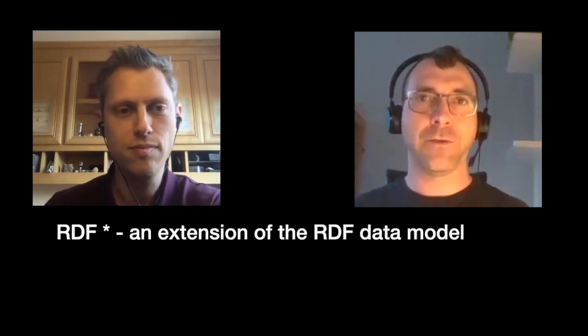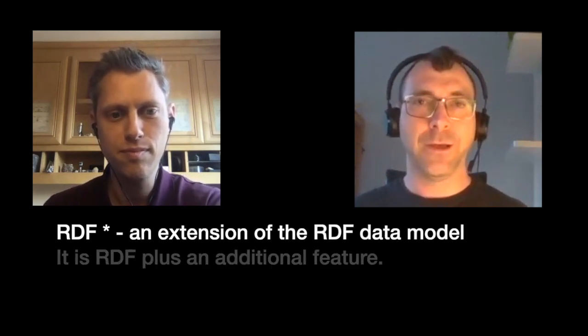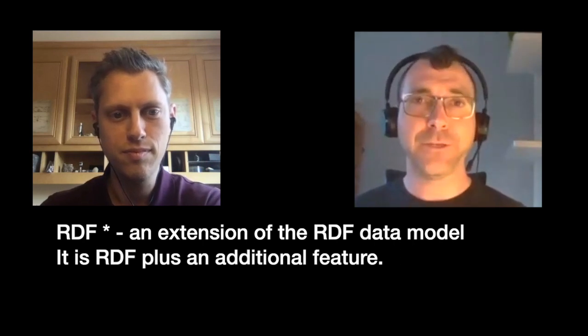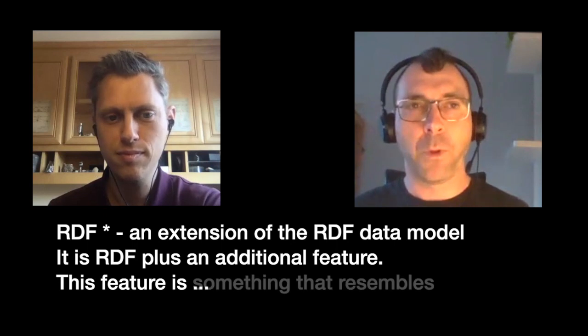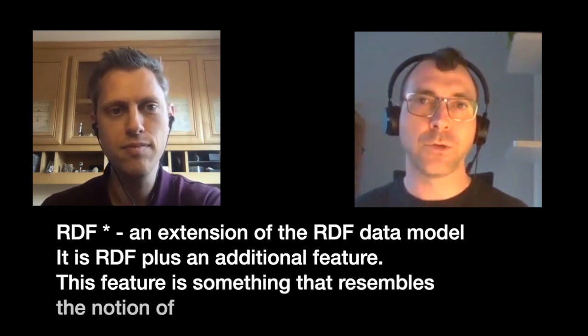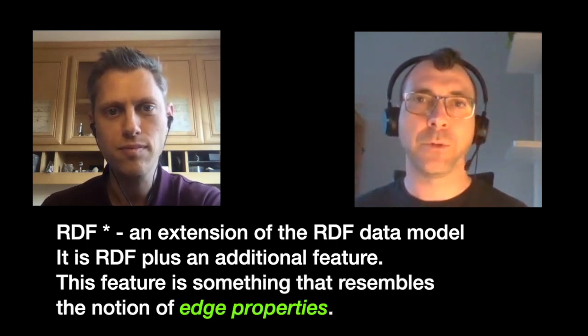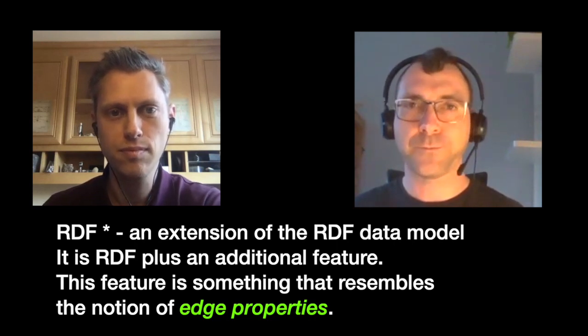So yeah, RDF-star, first of all, you can think of it really to be an extension of the RDF data model. So it is RDF plus an additional feature. And this additional feature, you can think of it to be something that resembles the notion of edge properties that people know from the property graph model.